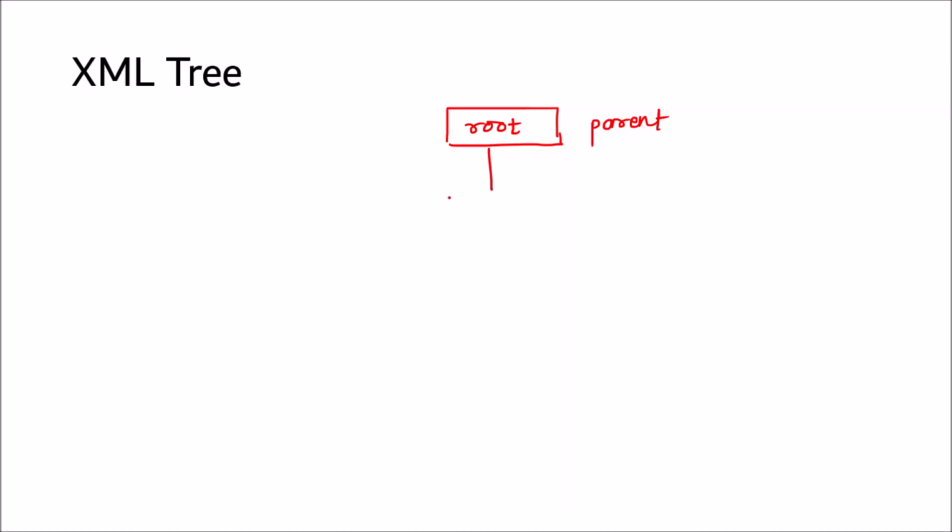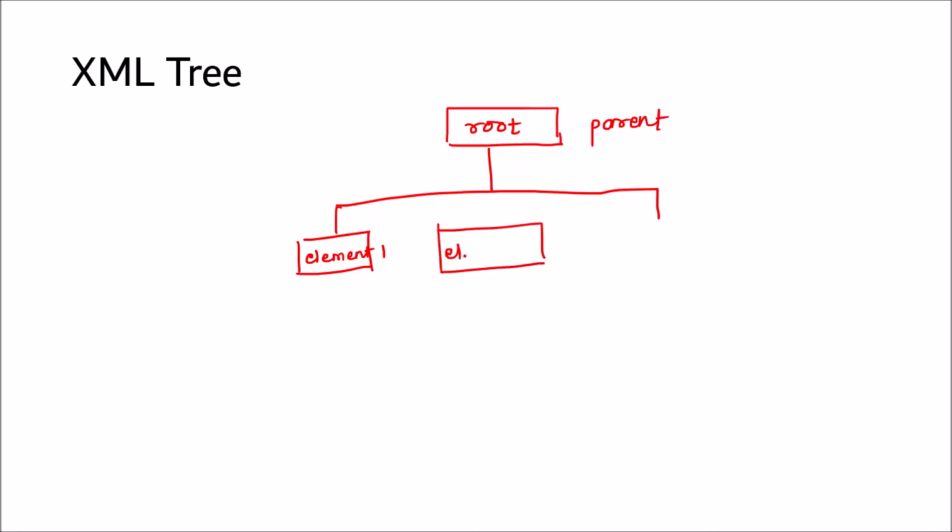Then the root will have various child elements, suppose element 1, element 2 and element 3. Those are the child elements.